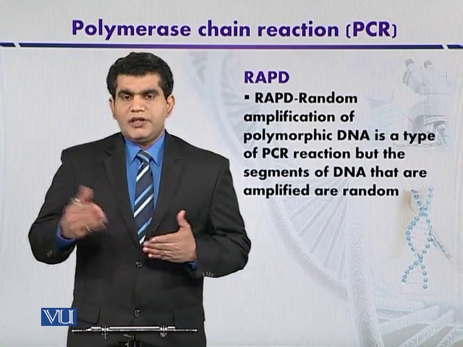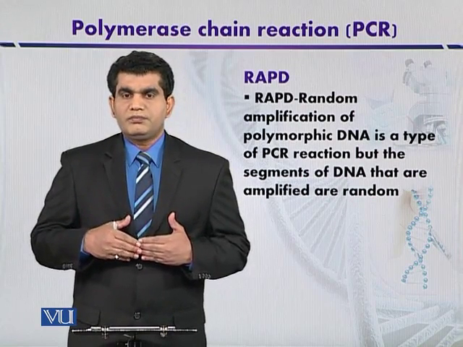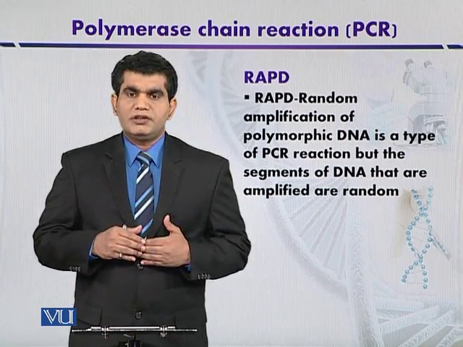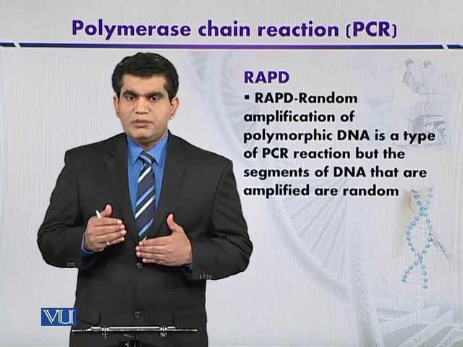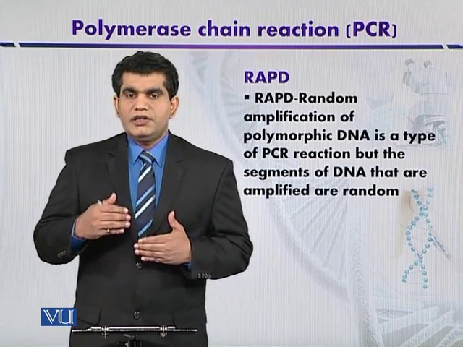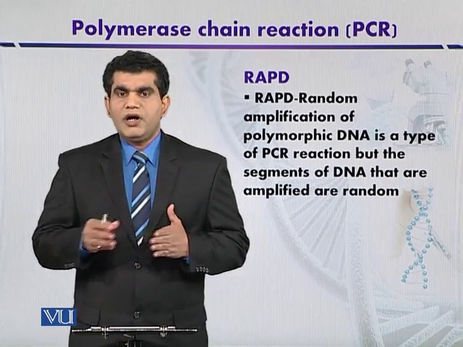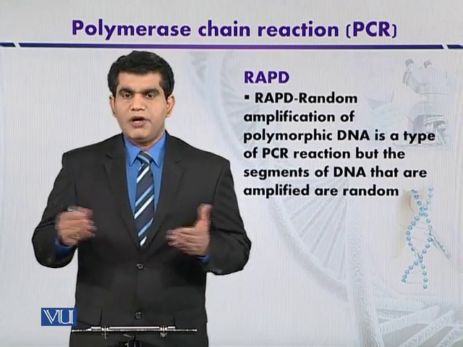Now, this method is relatively easy to perform because no prior information of the target sequence is required. So what is the basic protocol here? How can it determine the phylogenetic relationship or relatedness among different organisms like some microbes?